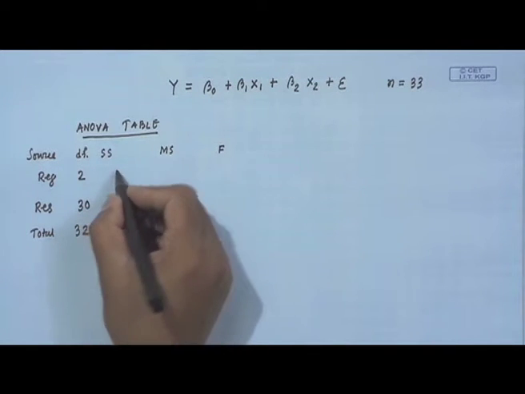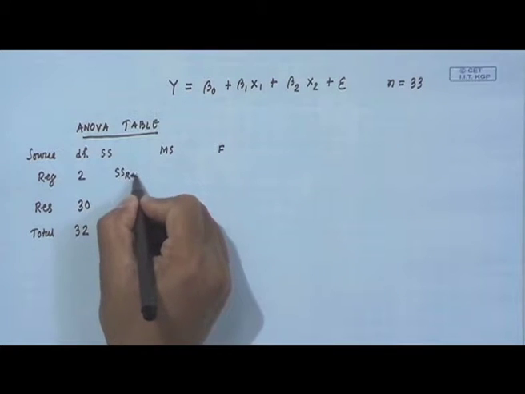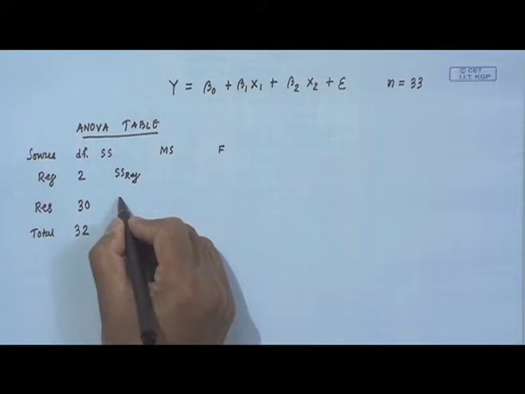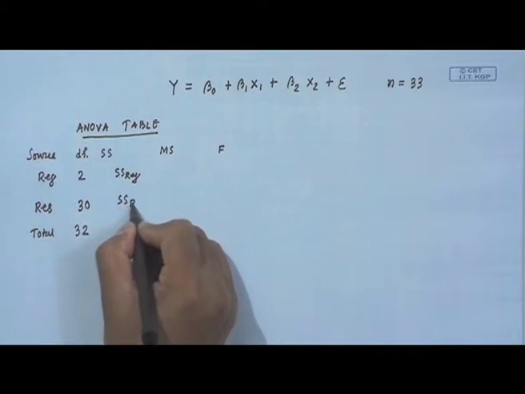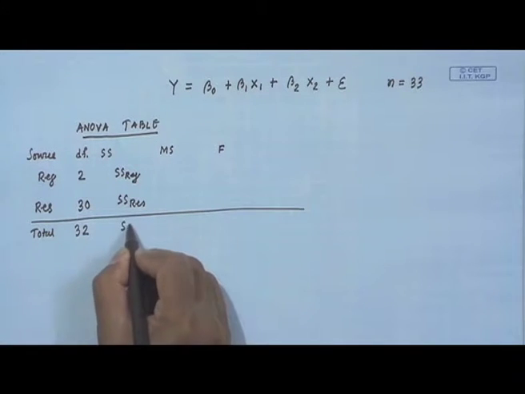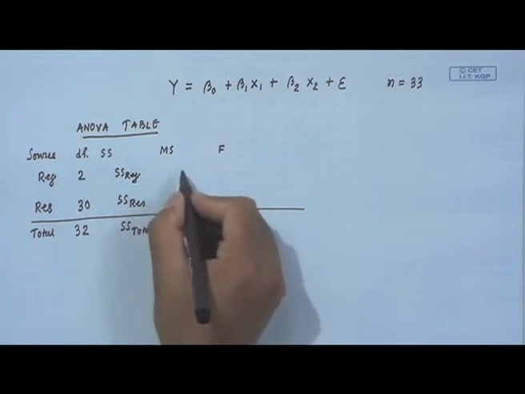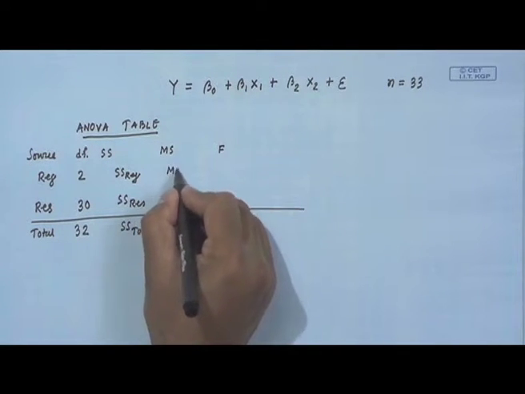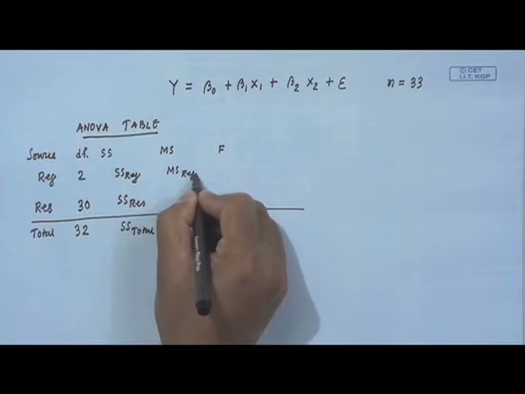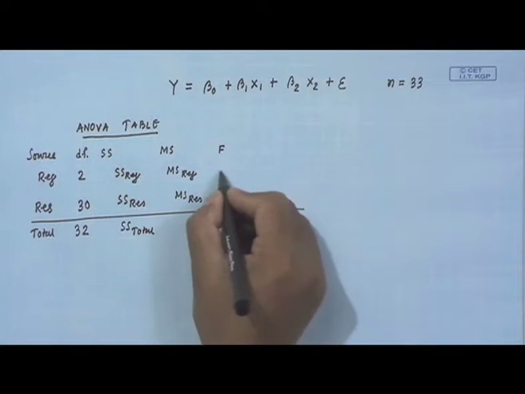And of course, your friend has SS regression, SS residual and SS total, and hence the MS regression, MS residual and F value.